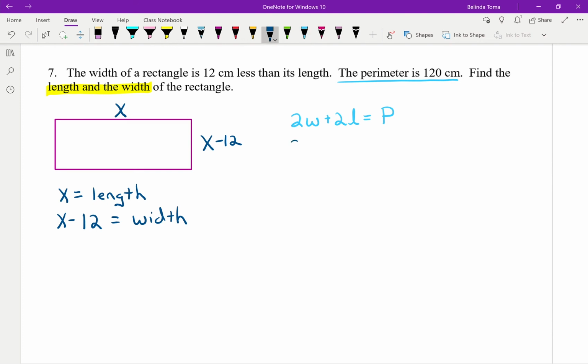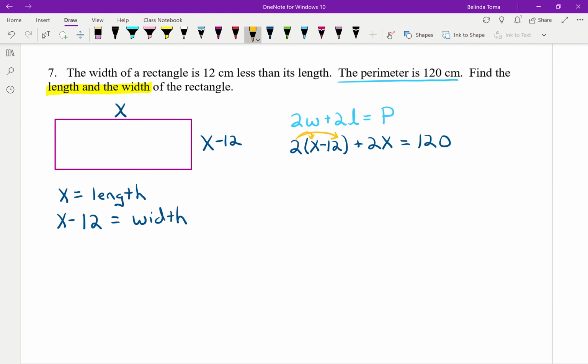So we have 2 of the widths. Now remember, you need to use parentheses here because the width is not just x, but it's the quantity of x minus 12. And 2 of the lengths, we're just using x, and the perimeter was given as 120. So now we have our diagram, we have our variables, and we have our equation. All we're going to do now is go ahead and solve algebraically.